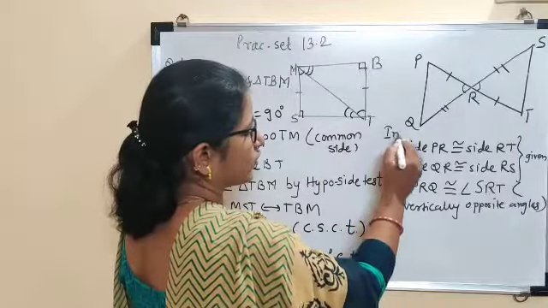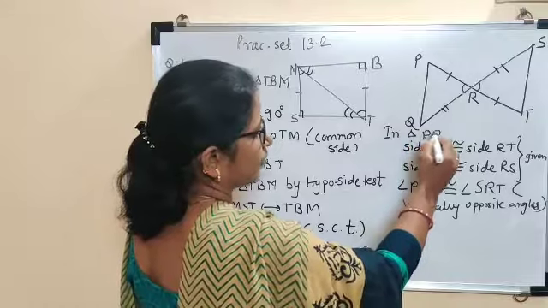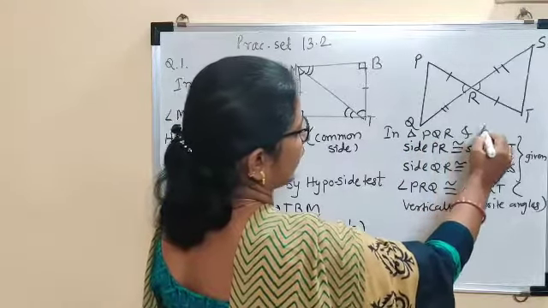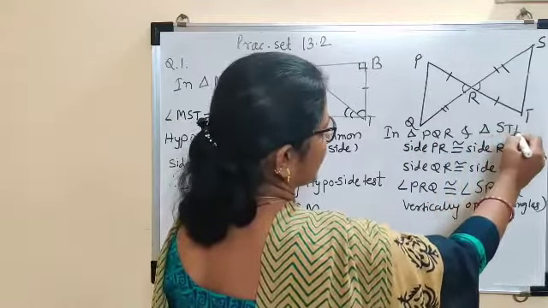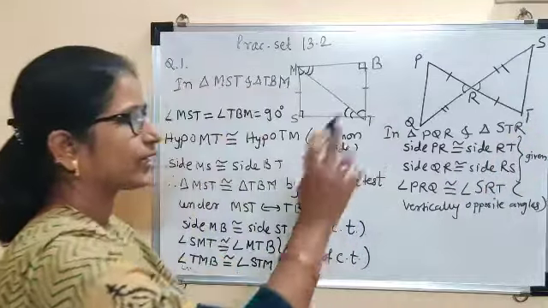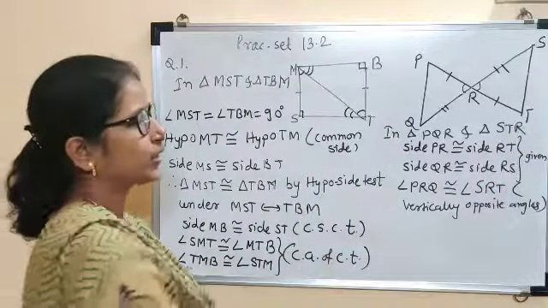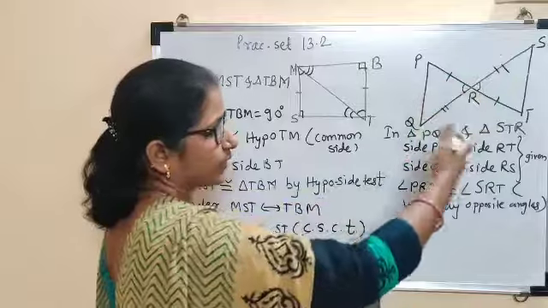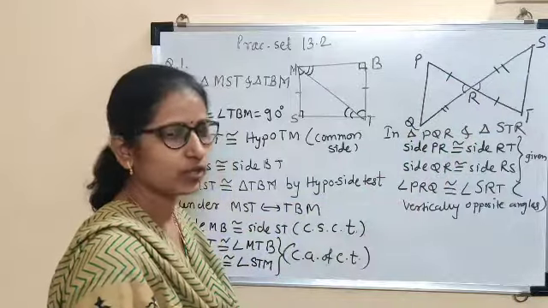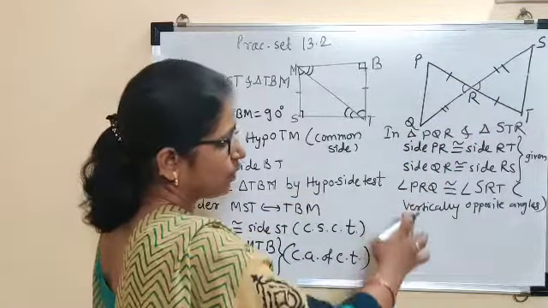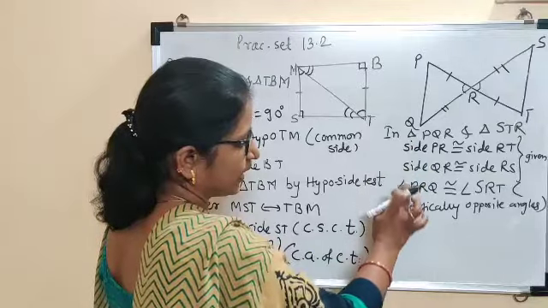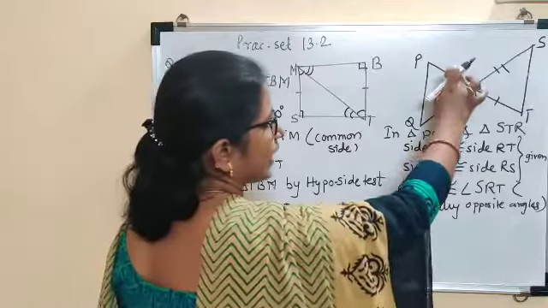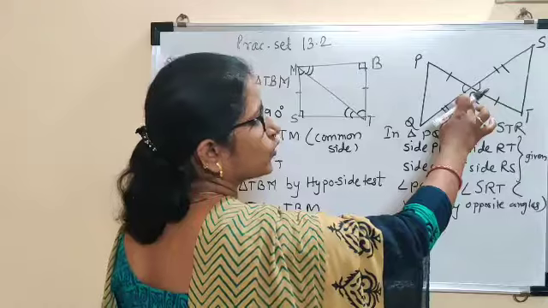You have to write as usual in triangle PQR and triangle STR. You can write the triangles' names, PRQ or SRT, any way you like. Now from these two sides and one angle, it is side angle side, the included angle.